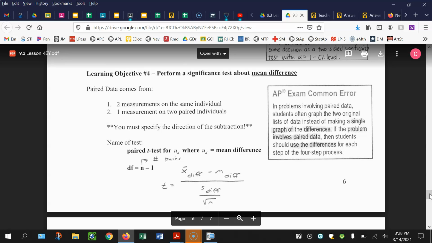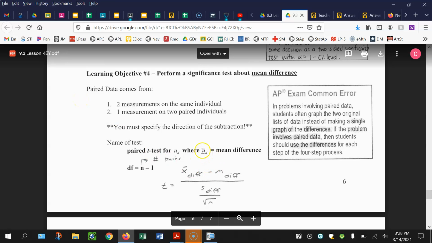So you had somebody, I think we talked about heart rate, standing and sitting heart rate, and you compare you to yourself. Or we paired 2 people up who are the same age, same sex, same height, same weight. They're very, very, very similar. We randomly assign one person to stand, one person to sit, and look at the difference between their standing and sitting heart rate. So that's where you're going to get paired data from.